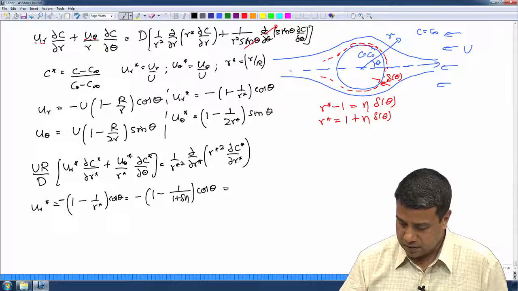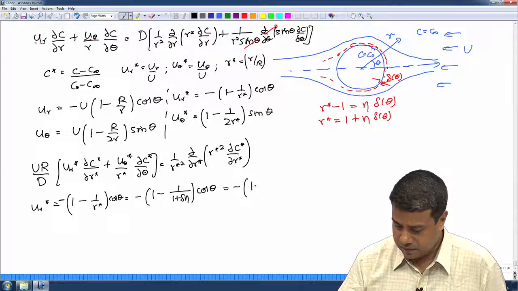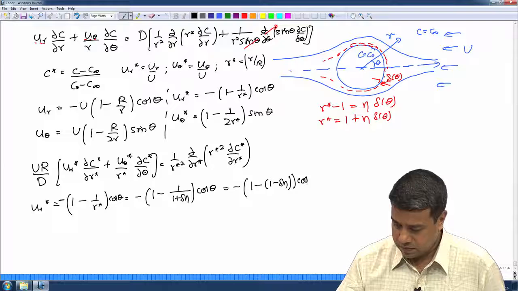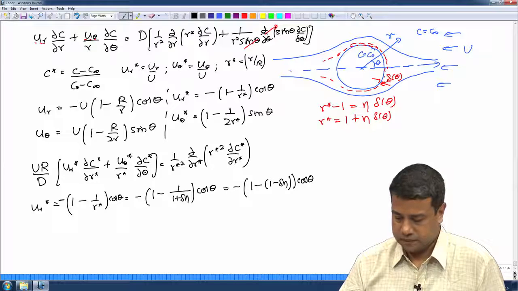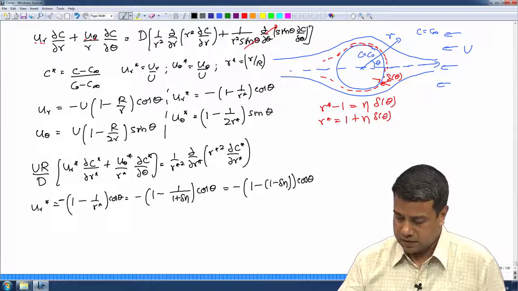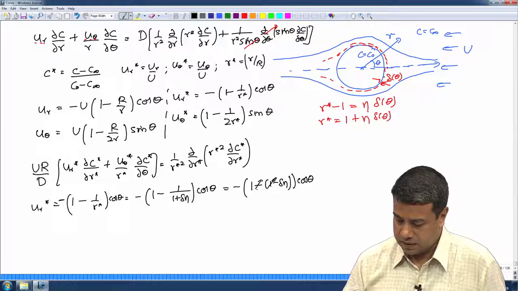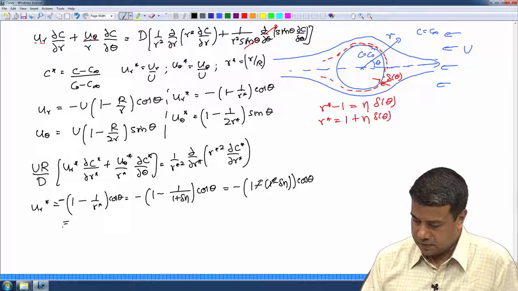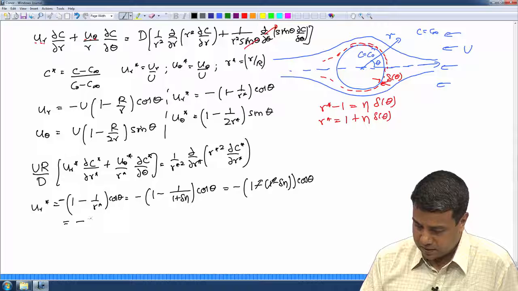So, this will turn out to be equal to minus of 1 minus, where the 1's will cancel out, and this will just turn out to be equal to minus of delta eta into cos theta.